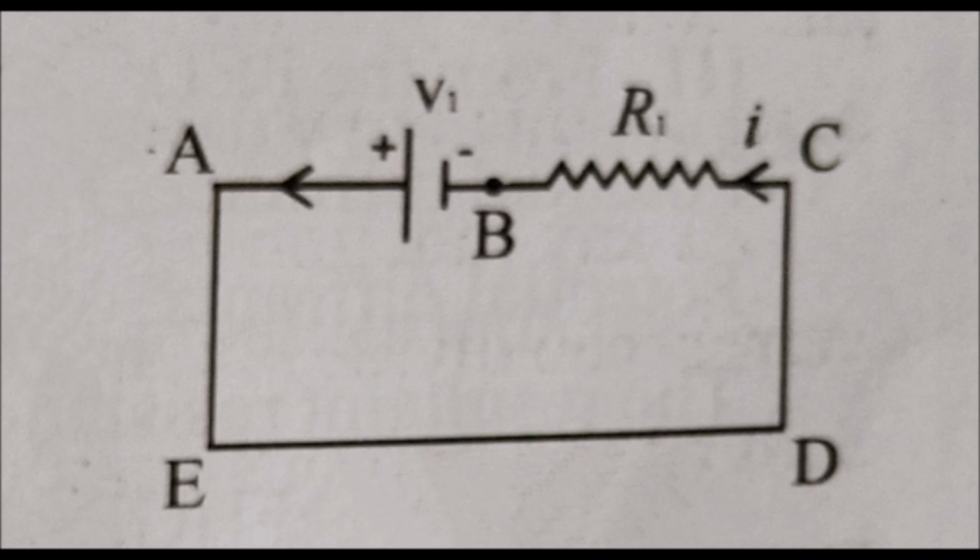At resistance R1, the potential difference is IR1 because here we take positive when moving against the direction of electric current through the resistor. So plus IR1. So the resultant potential difference in the circuit is minus V1 plus IR1 is equal to 0.